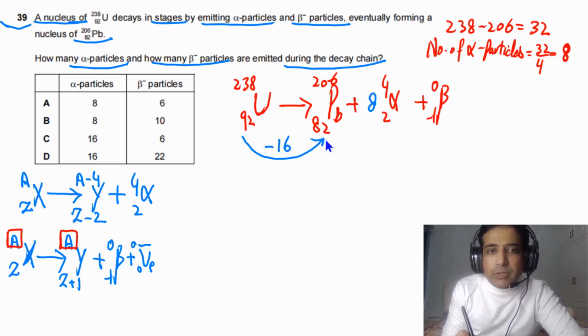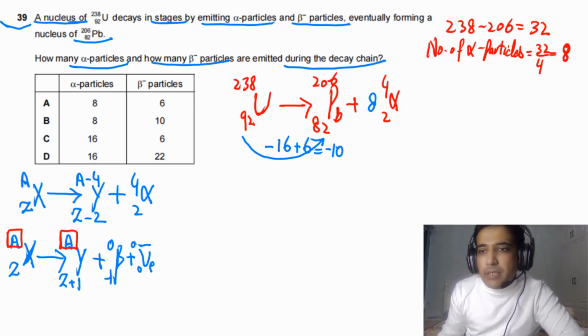But actually in this case, it is decreasing by 10. So it means there are 6 beta particles. 16 plus 6, this has to be equal to minus 10. So there are 6 beta particles emitted in this case, and 8 alpha particles.